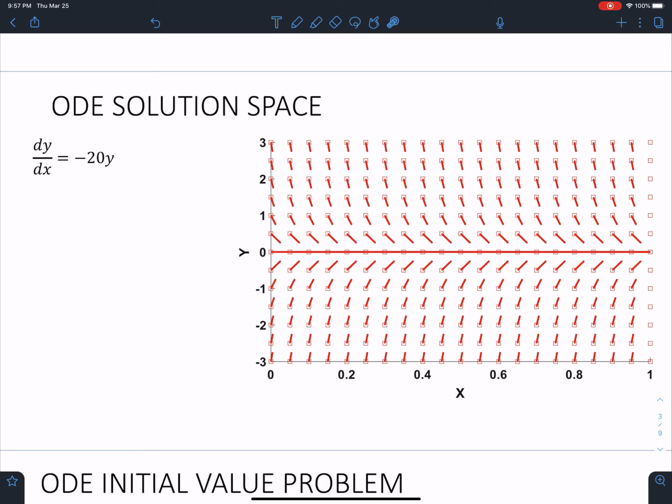The ODE is dy/dx, and it's given by this equation: dy/dx is minus 20y, and let's imagine that we would like to solve this for x belonging to the interval 0 to 1, which is what we're plotting here on the x-axis. We're also going to look at the y range, in this case, from minus 3 to 3, which is what we have here.